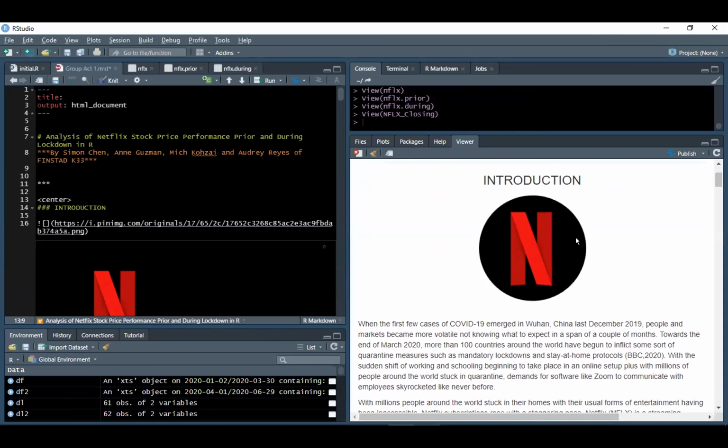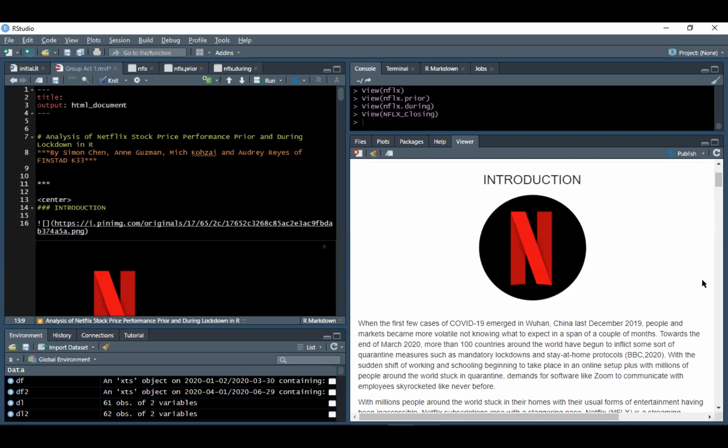So the story, why we picked Netflix. When the first few cases of COVID-19 emerged in Wuhan, China, last year, people and the financial markets became more volatile, not knowing what can happen in the span of a couple of months. At the end of March 2020, more than 100 countries have begun lockdown to constrain the effects of the coronavirus.